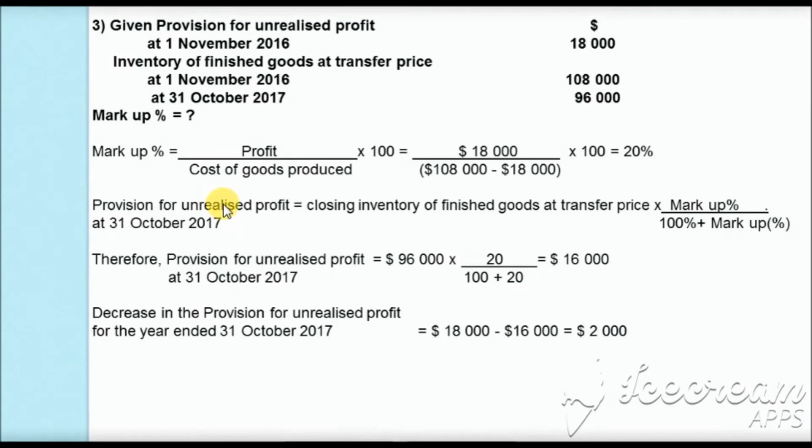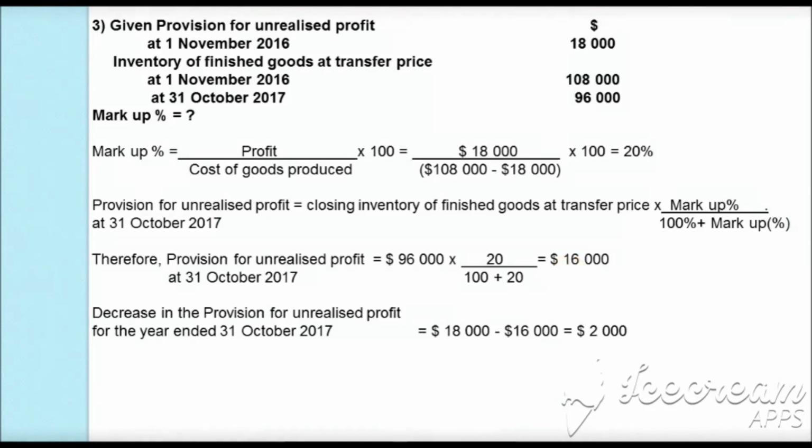So for this, we are going to use the formula, that is provision for unrealized profit at 31st October 2017 is equals to closing inventory of finished goods at transfer price, and this will be the value at 31st October 2017, which is $96,000, times markup percentage, which is 20%, divided by 100 plus 20. So I have done this here. So we get the value for provision for unrealized profit at 31st October 2017 as $16,000.